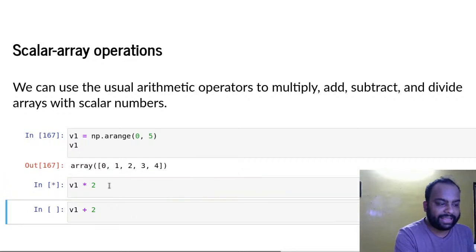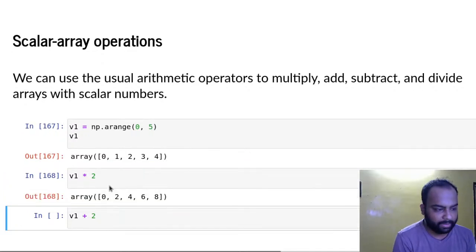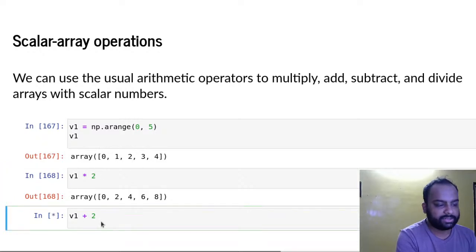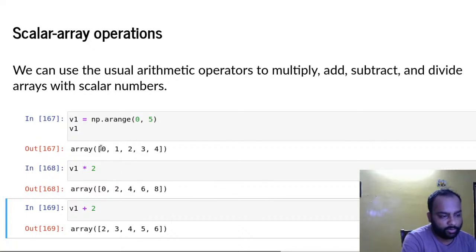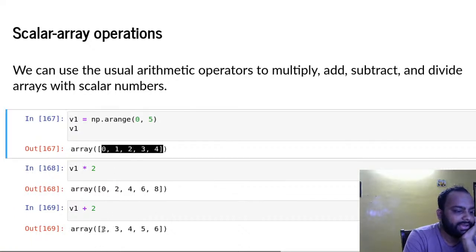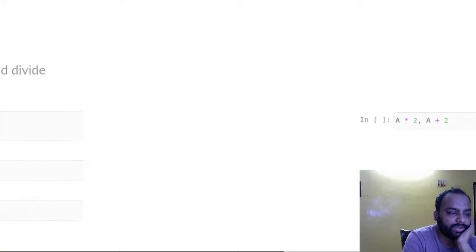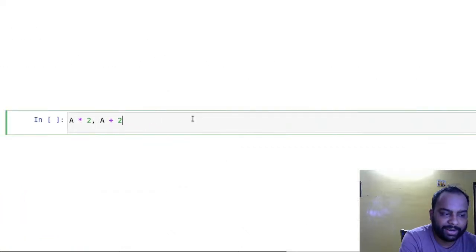I can multiply the array by a number, and another array is returned with each element multiplied by that value. I can do addition: each element of the original array is incremented by a value of 2. Every operation is element wise.